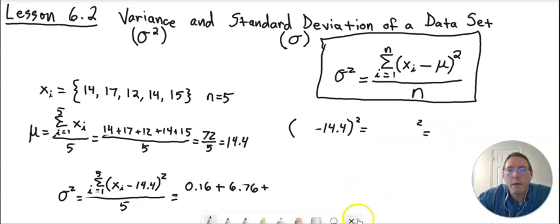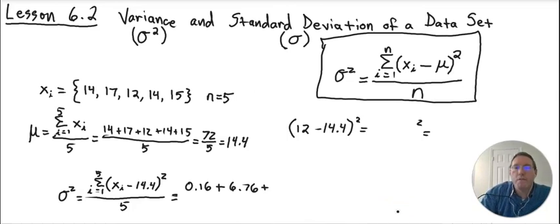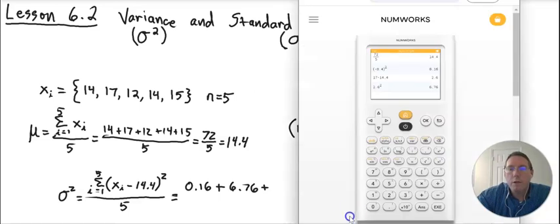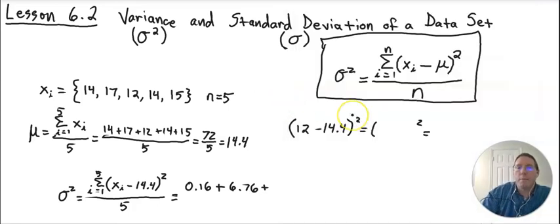Let's go ahead. All right, so now we're going to do 12 minus 14.4, and let's see what that's going to be. 12 minus 14.4. We're just subtracting the mean from every single element in the set. That's negative 2.4. Okay, so we're going to wind up here with negative 2.4 close parenthesis, and then we have to square it.